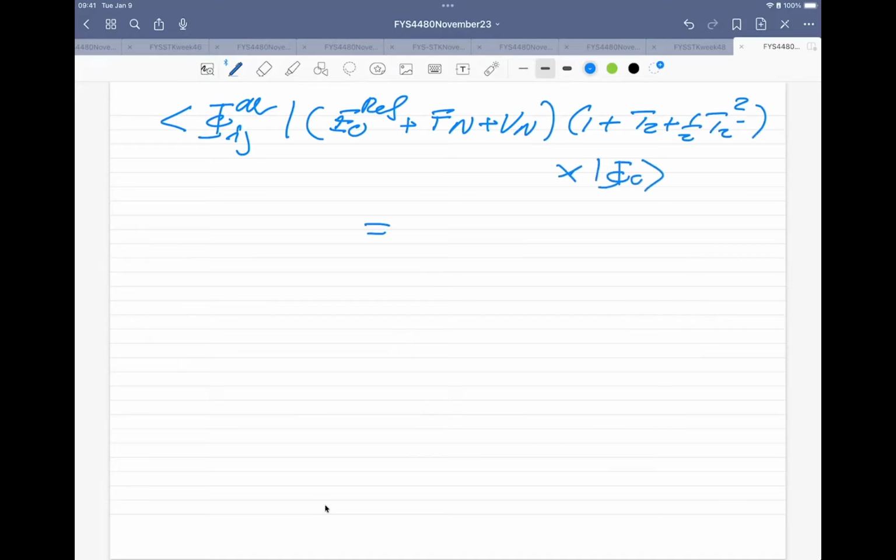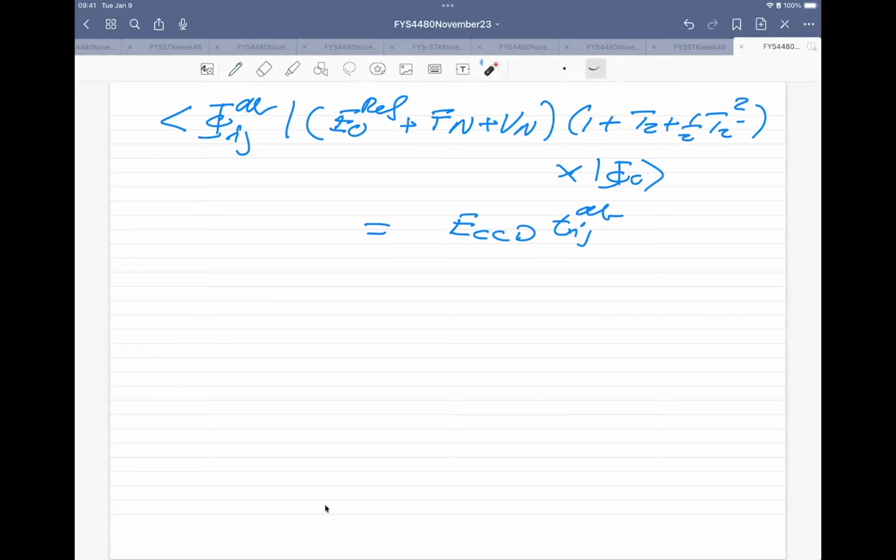And this is equal to ECCD times a term with Tij AB. If you look at the first term, the constant E0 ref multiplied with 1 simply gives 0, because then we are trying to match this state with that state.